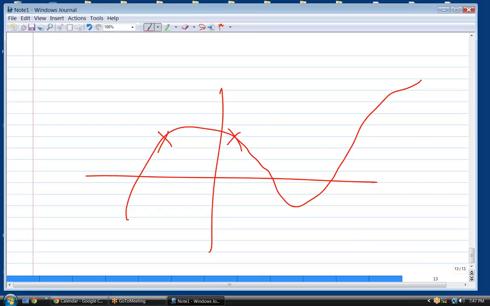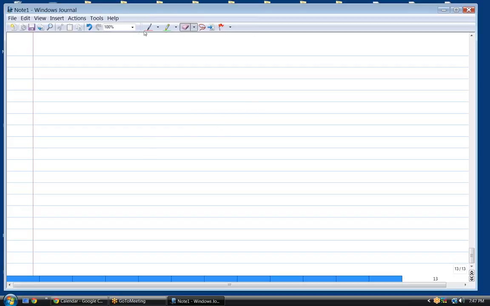That's okay. It's when you have a value of x that gives you two different values for y that violates a function.